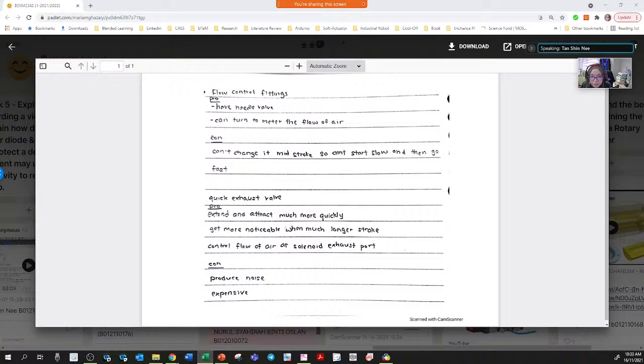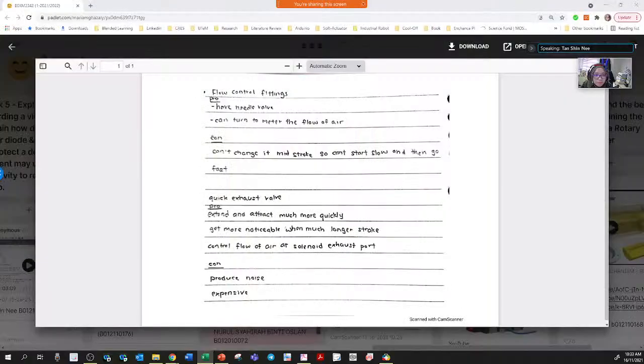For the quick exhaust, it can extend and retract much more quickly, and then it can be more noticeable when we control the speed.